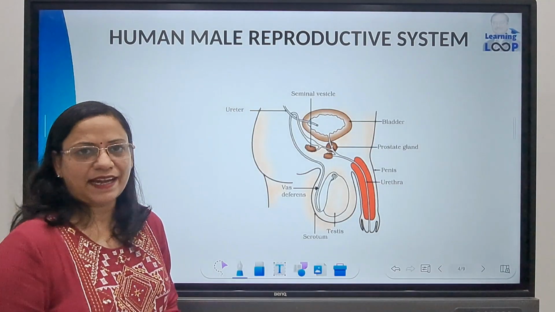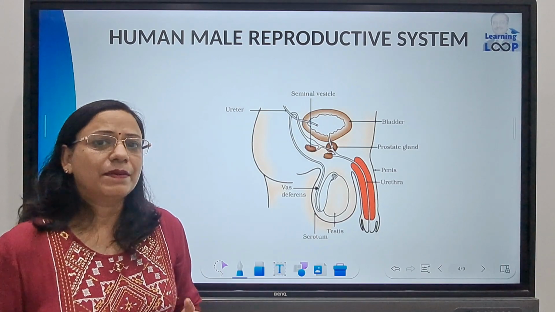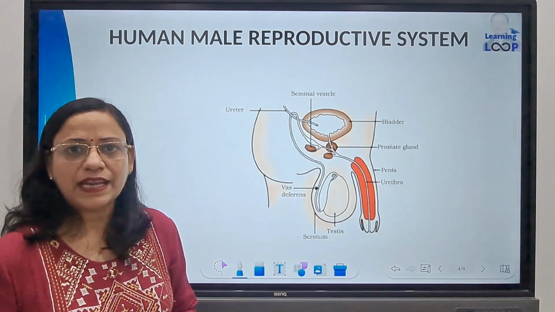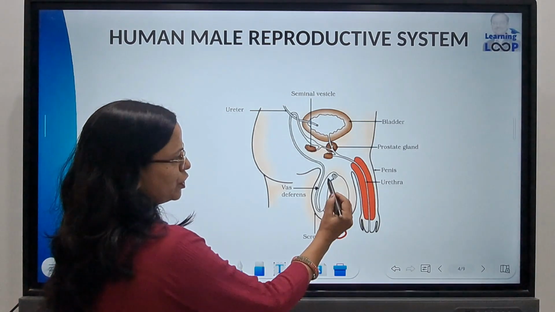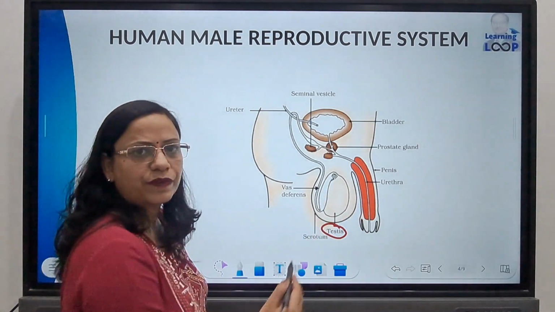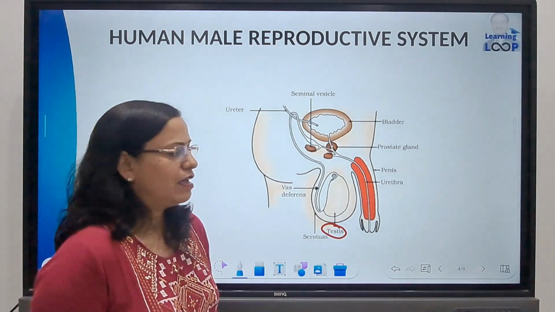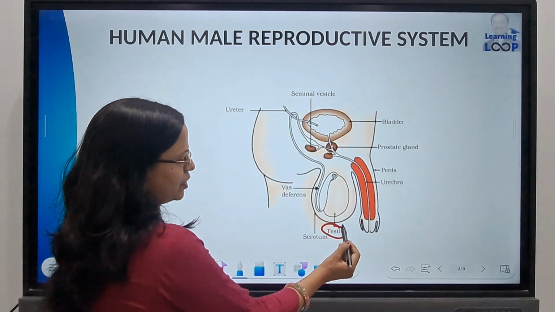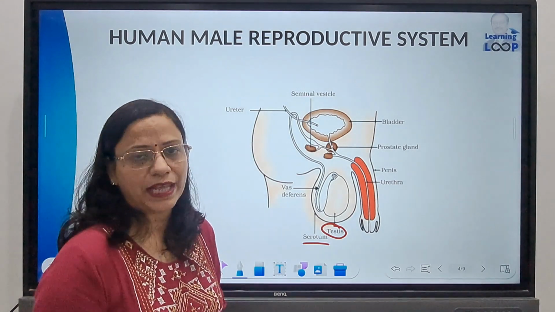Let us now understand the human male reproductive system. The primary reproductive organ in the case of human males is the testis. So you can see this round egg-like structure over here. This is actually a pair of testes. That means there are two testes which are placed in a bag-like structure known as the scrotum, which lies outside the body cavity.